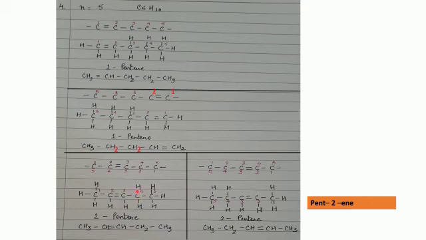So it will form single bonds with 2 hydrogens, and the remaining 3 hydrogens will be attached to the last carbon because it is having only one single bond from here. Now the name of this compound will be 2-pentene, or it can be pent-2-ene.